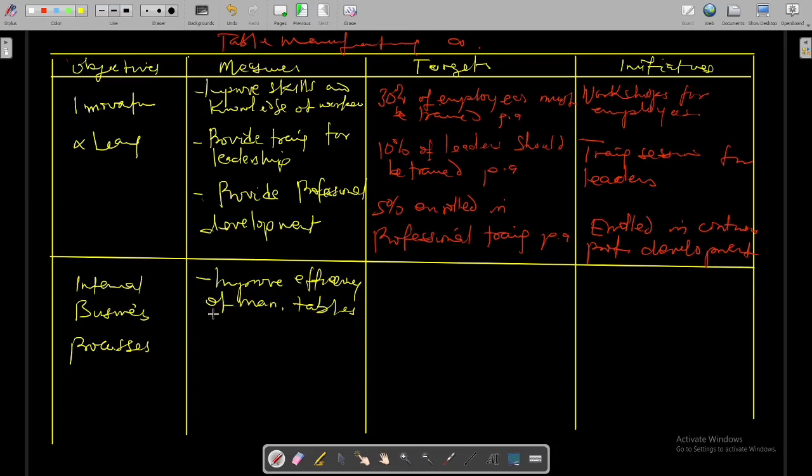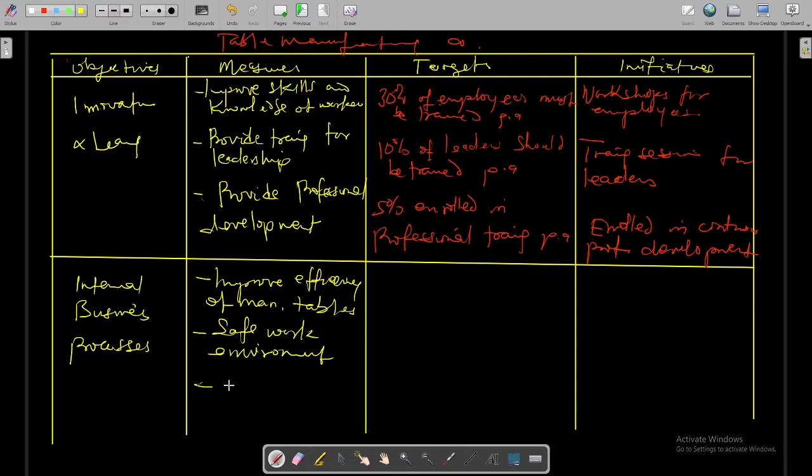So the internal process, we can set efficiency of manufacturing tables. Then we can also set measures such as safe work environment. Here we want our workers to work well without any injuries.